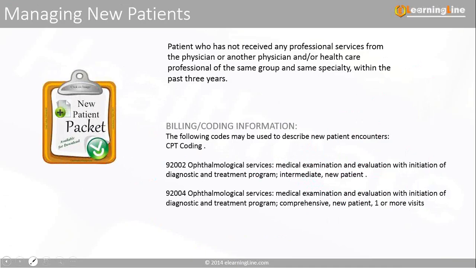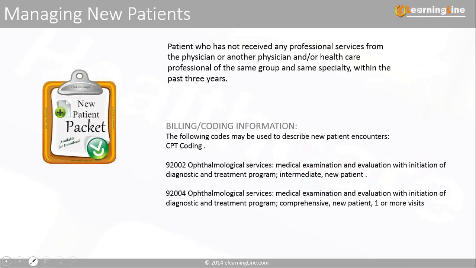And when I say the same premises, I am referring to the Garden State physician. I am not referring to a different office location of Garden State physician. I am talking about the same physician office, same business, same group, just a different physician. So you will not be considered a new patient. You will be considered an existing patient.